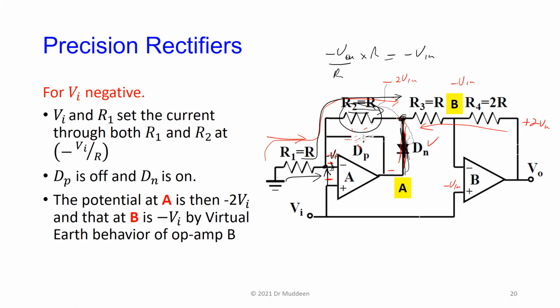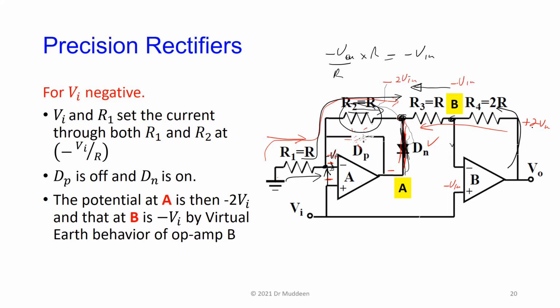Okay, thank you, sir. All right. And then we're going back here now. So this point here is at minus 2 Vin. Here is at minus Vin. So the current flow here is more positive than here. So the current flow is going to be in this direction, nothing coming into the op amp. And this current now has to come back out from the output of the op amp.